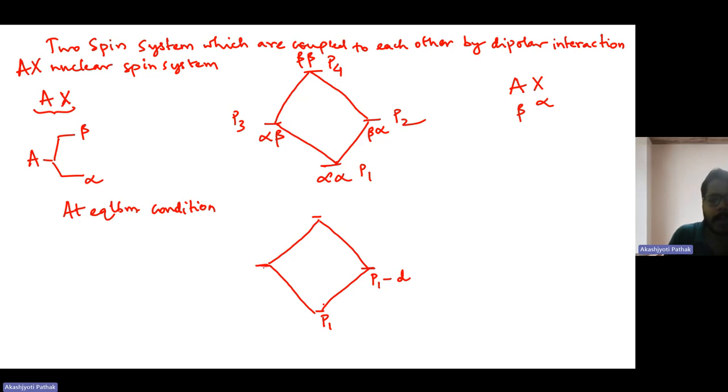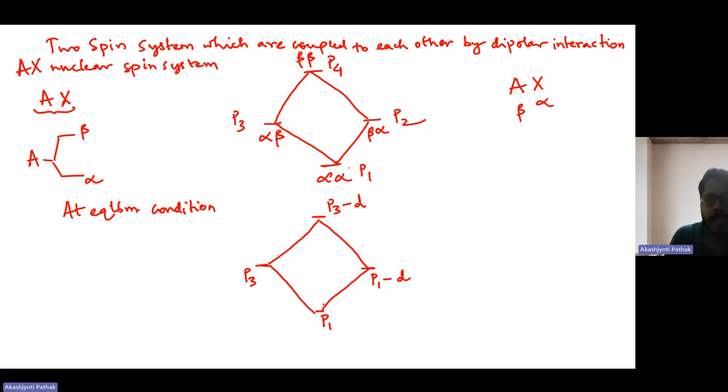And here the population is P3, and at the higher energy spin state, beta beta, there will be less population in the equilibrium state. That population difference between the higher and the lower energy spin state is D. So it will be P3 minus D. Okay.